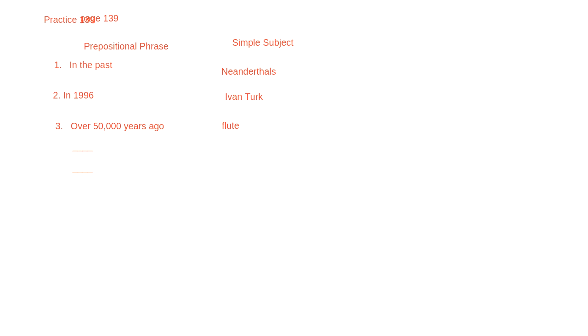If you look in the middle of page 139, it says preposition plus object. Like in the morning, over the rainbow, some friends. Those are prepositional phrases because we have a preposition and then we also have an object noun.